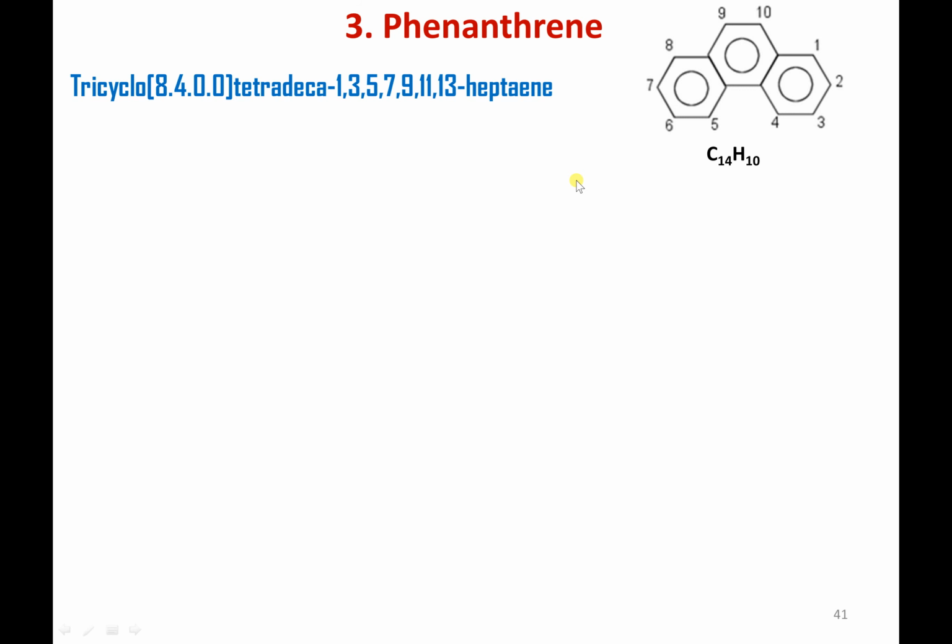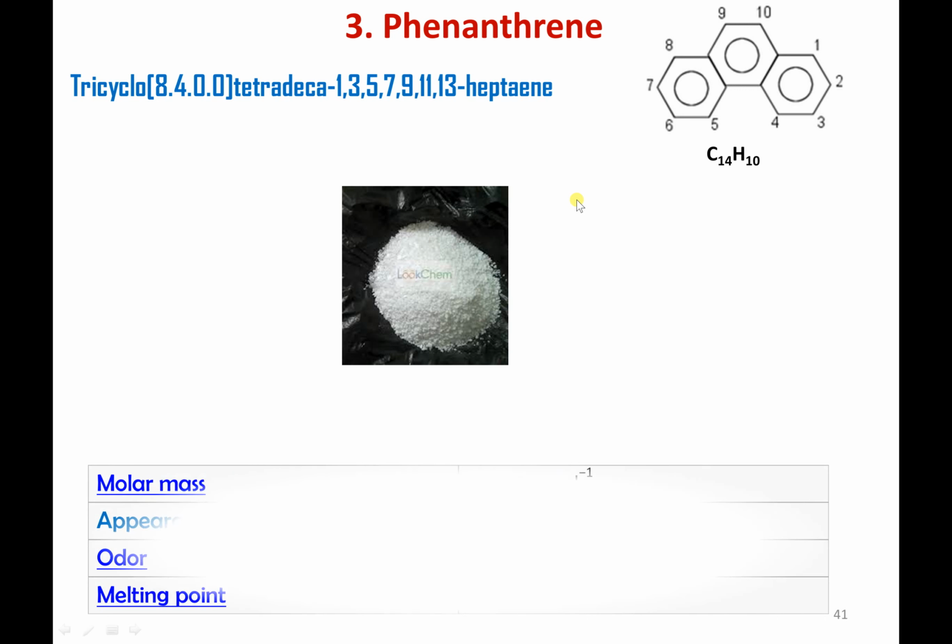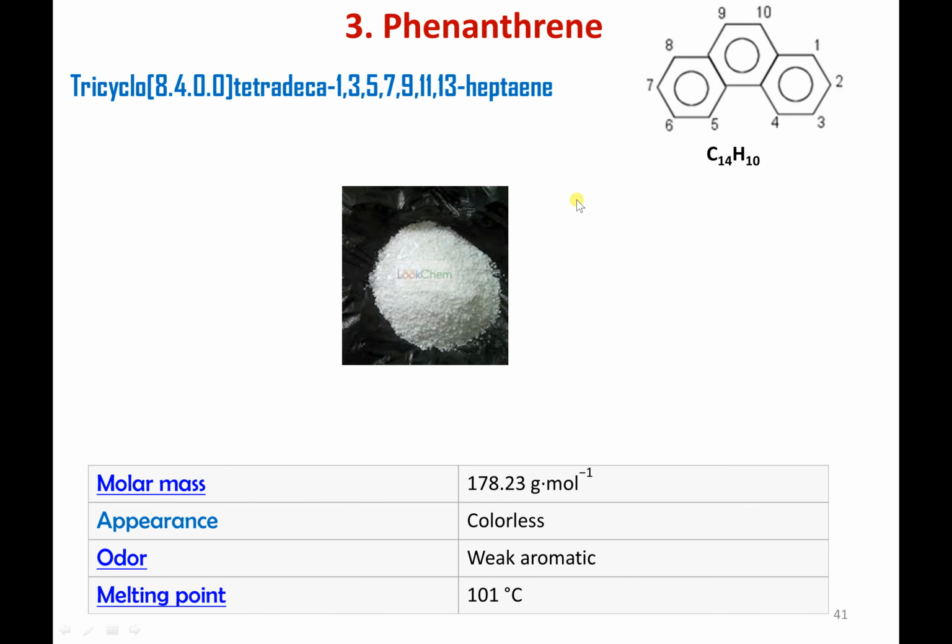Only positions are a little changed. It's a pure form, a white granular compound just like anthracene. However, you see there is a considerable decrease in the melting point, almost 100 degrees compared to anthracene.